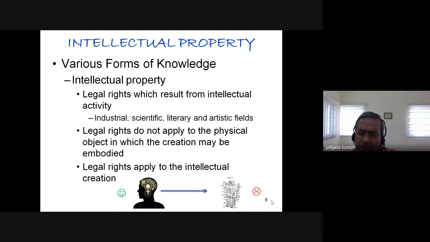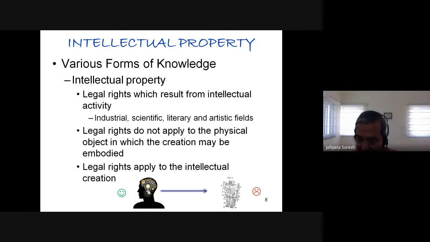The important thing that we need to bear in mind here is that legal rights do not apply to the physical object, that is the end result in which the creation may be embodied, whereas legal rights apply only to the intellectual creation. So please look at the graphic that I have on this slide. On the left side, you can see the creation of an idea in my mind, to which the legal right or protection is provided.